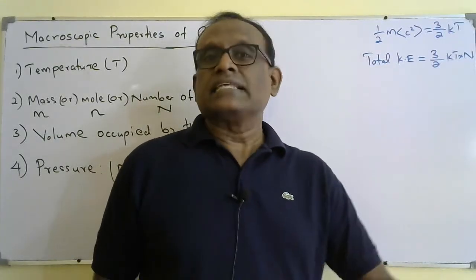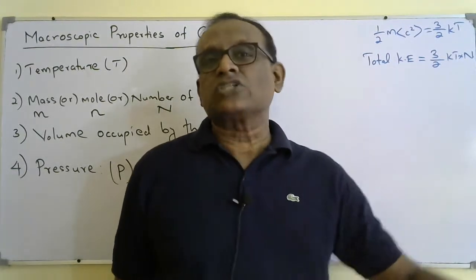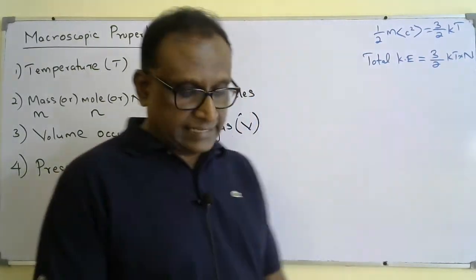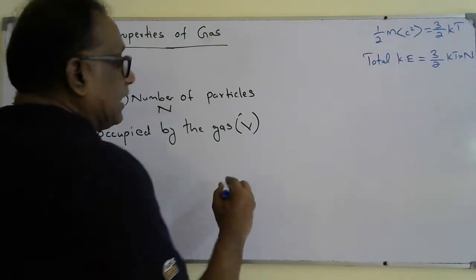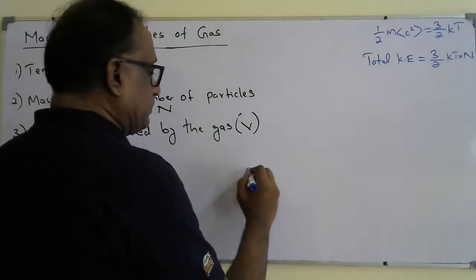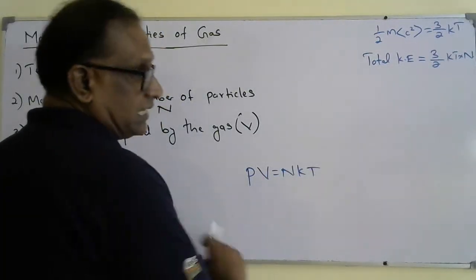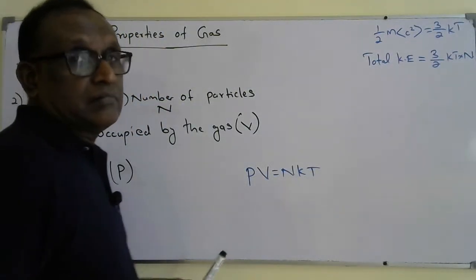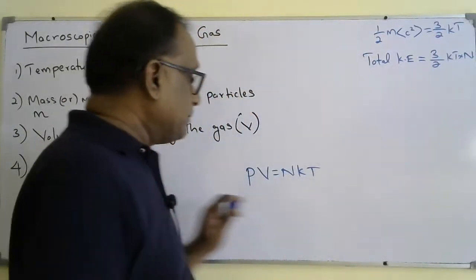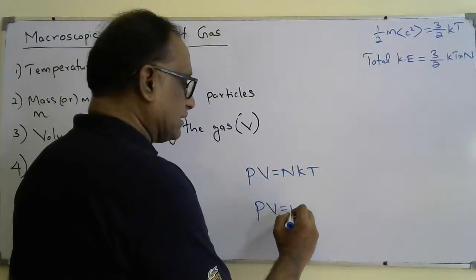The last one, that is the A level one, especially most of the questions come in that topic. Nothing is constant, anything can change. That is the ideal gas equation, or equation of state for an ideal gas, that is PV equal NKT. There anything can change. And also a similar equation, PV equal nRT.